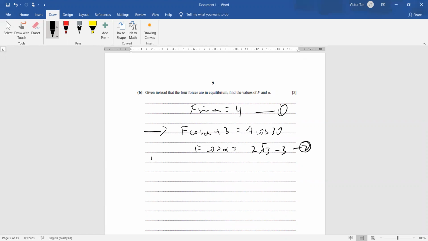Equation 2. I'm going to eliminate F by dividing. Sine alpha over cos alpha is tangent alpha, which is 4 over 2 root 3 minus 3. So alpha equals shift tangent. It's quite a large angle, 83.4 degrees.